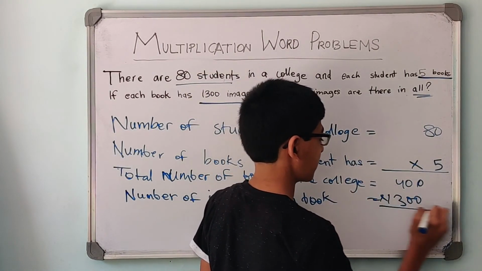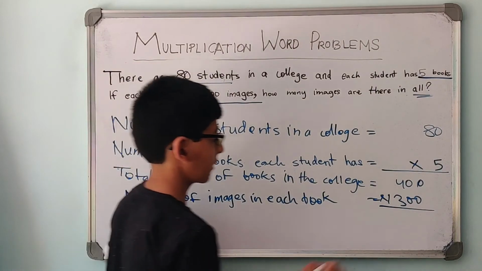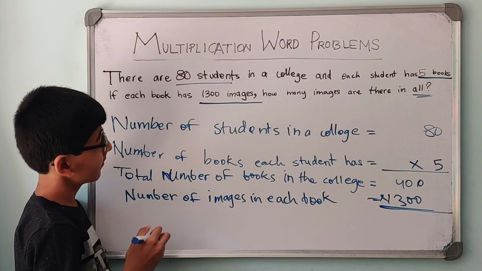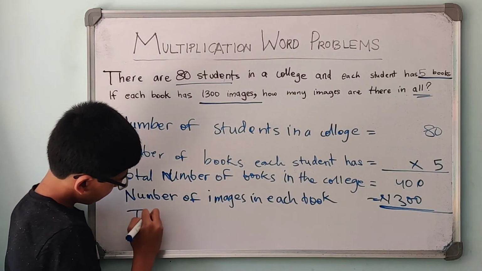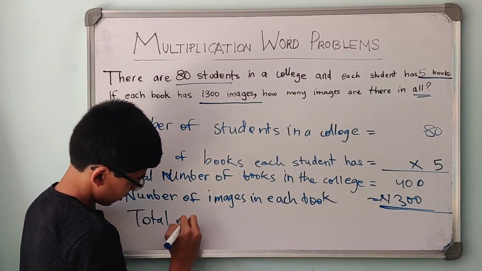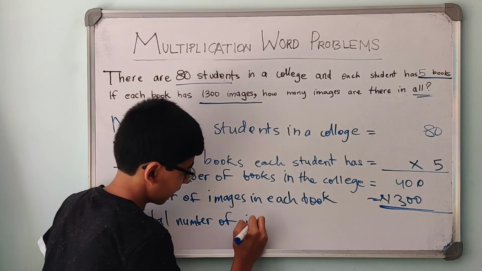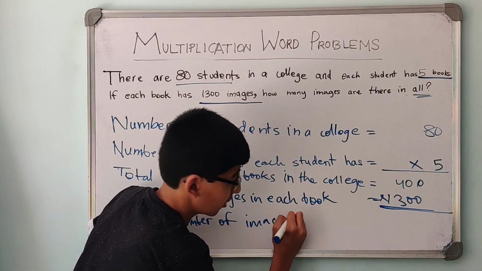We have to multiply. Like this, we multiply 400 into 1,300. And now we will get the total number of images in all the books.